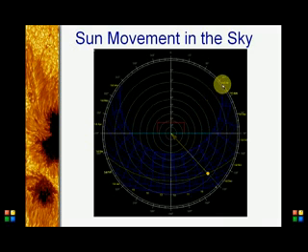This is another region, another place in Europe, away from the equator. So the sun moves in the winter very low. The altitude in the winter is very low.